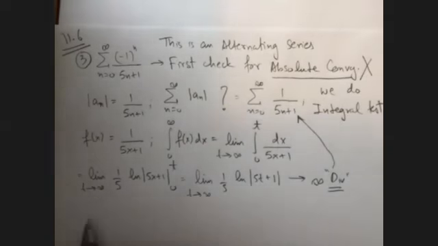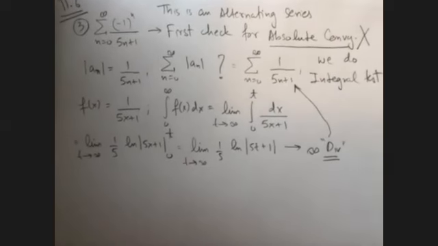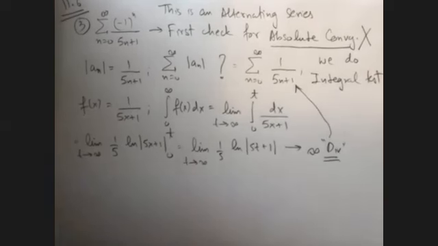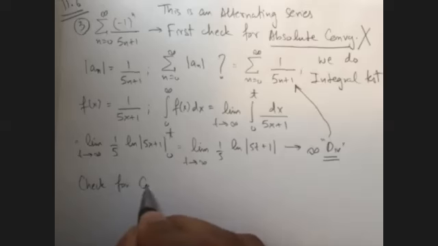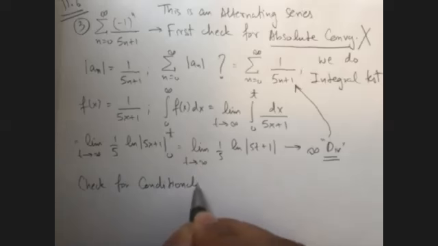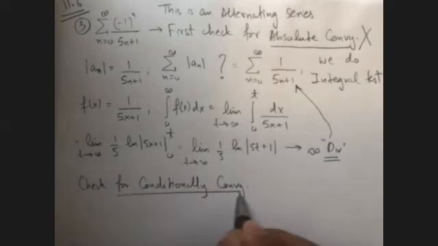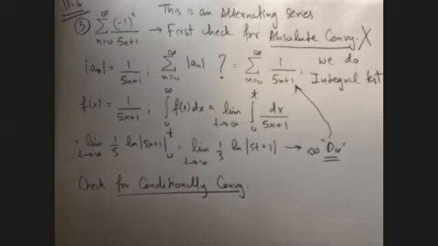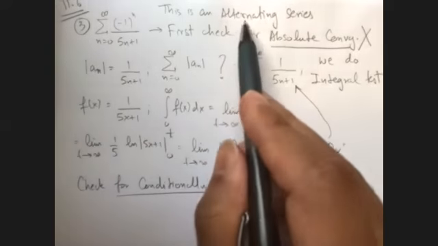So now let's check for conditional convergence. So we perform the alternating series test because this is an alternating series.